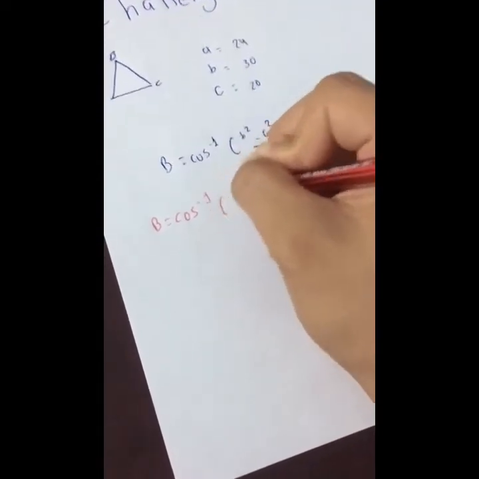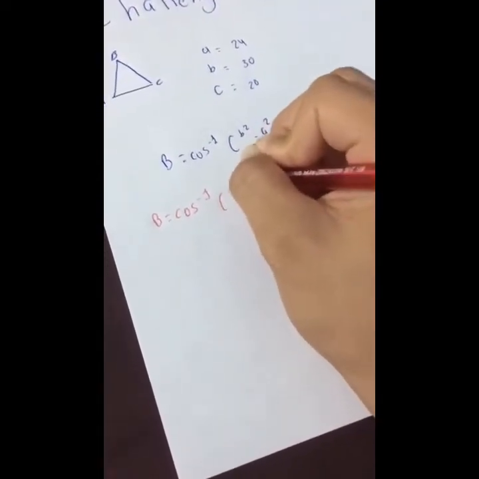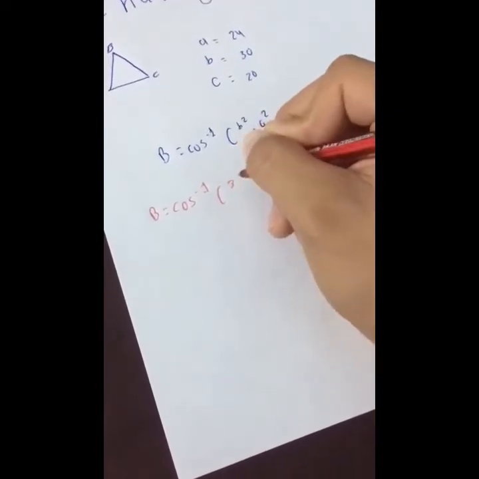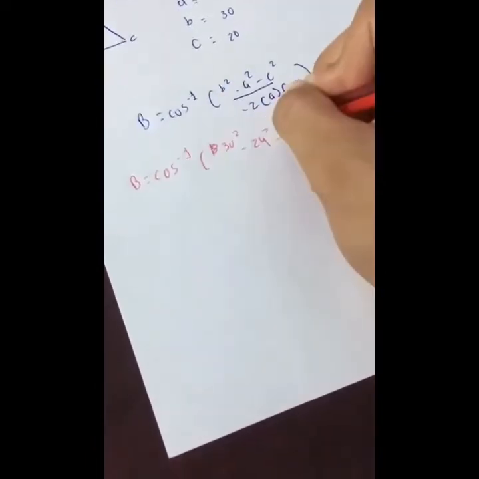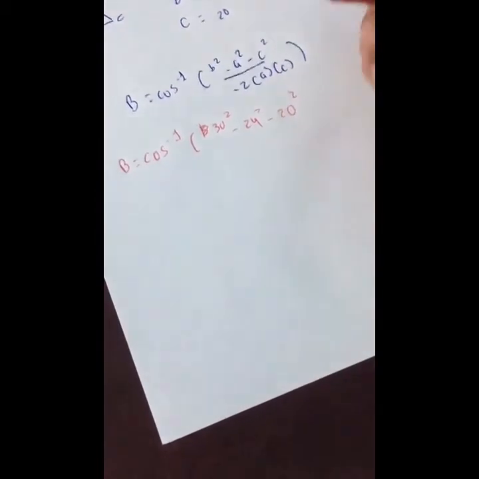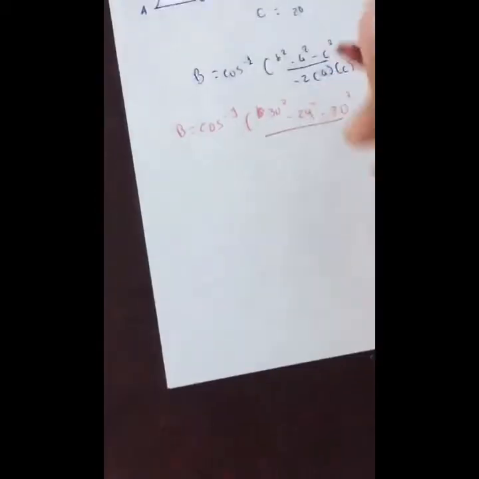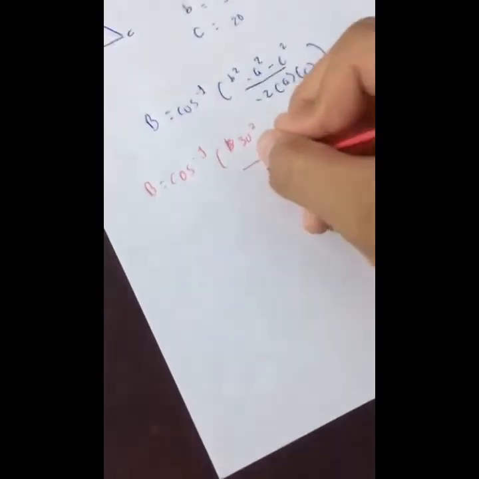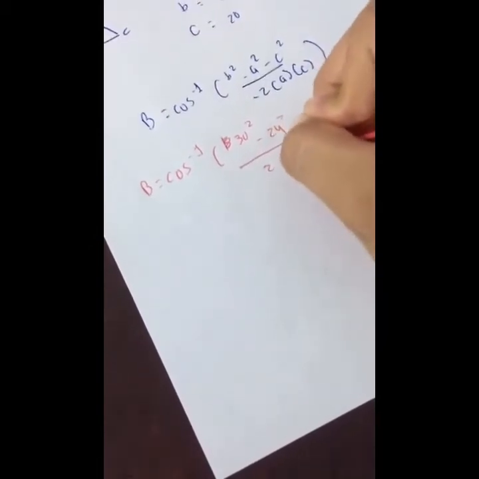When we have the value of the angle B, with this we're going to connect, and that means it's very easy.